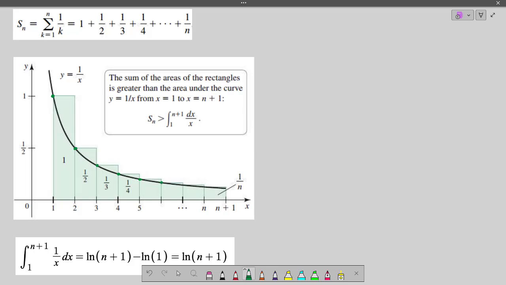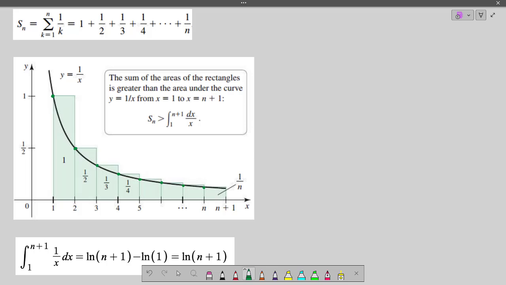All right, so we're thinking about these points right here. Okay, so 1 is the area of that rectangle. 1/2 is the area of that rectangle. Everybody agree and sort of see that each of these corresponds to the area of a green rectangle? Isn't this inequality true?